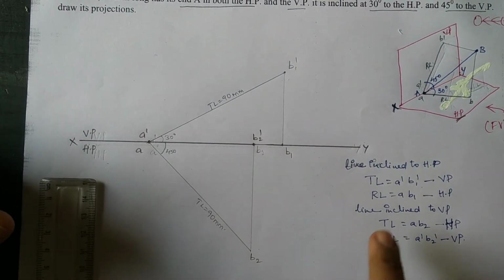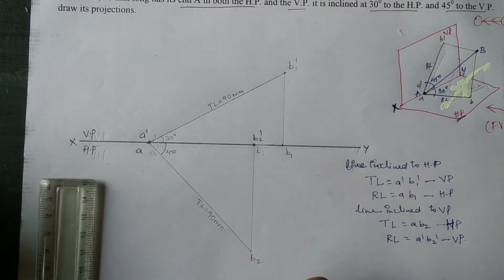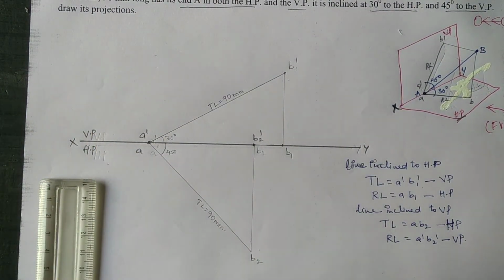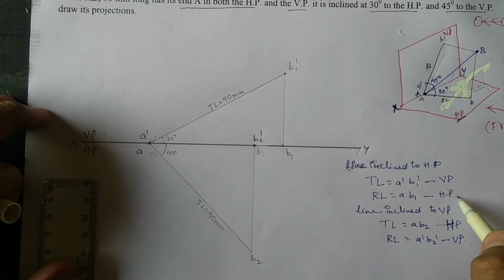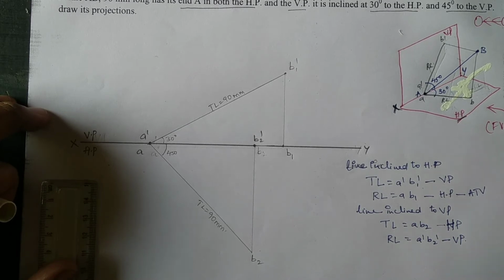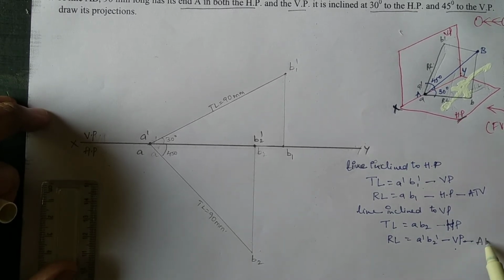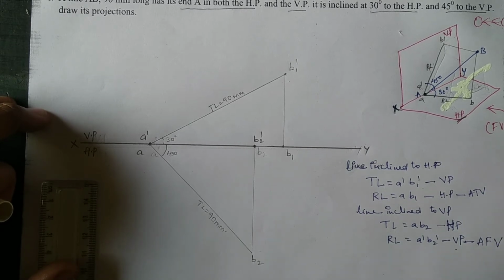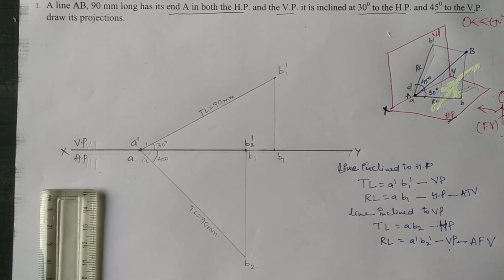Now the reduced lengths in the vertical plane and the horizontal plane are about to be tilted, which gives the actual views. The reduced length in HP will give us the actual top view, and the reduced length in VP gives us the actual front view.